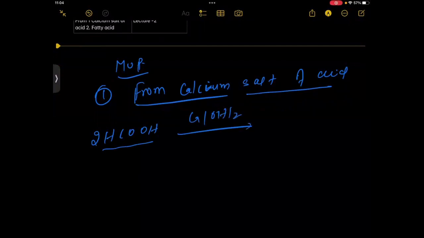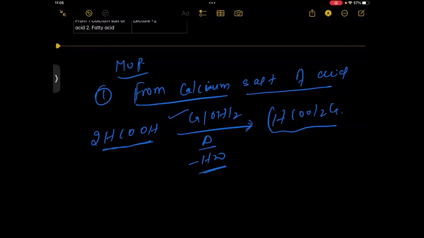In the presence of calcium hydroxide, so what will happen, and when we will supply the heat, students, water will lose and we'll get that (HCOO)2Ca, right? So what happened when formic acid we have taken in the presence of calcium hydroxide and supply the heat, water is lost and you will get the cal formate.